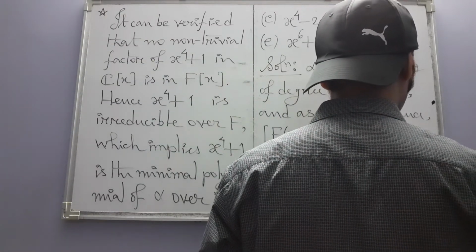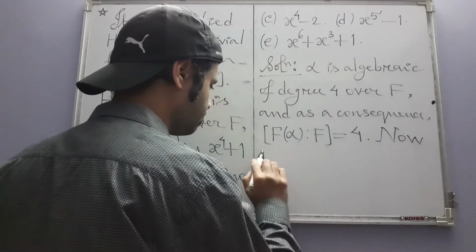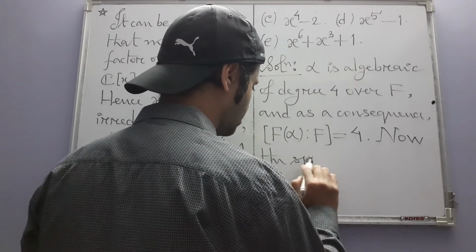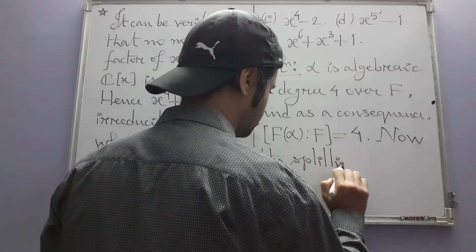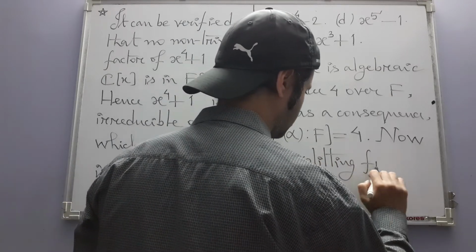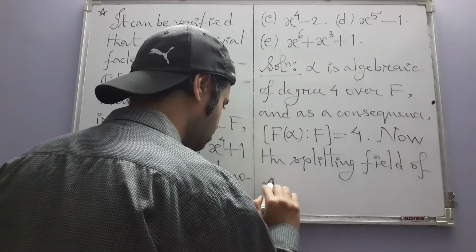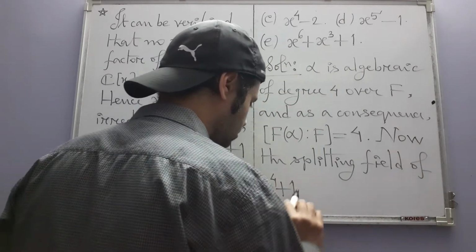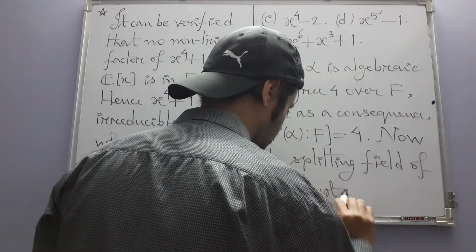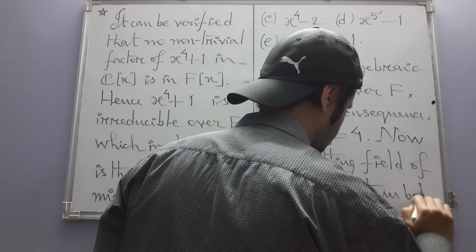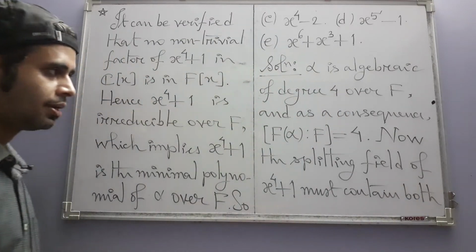Now, the splitting field must contain both F and alpha.